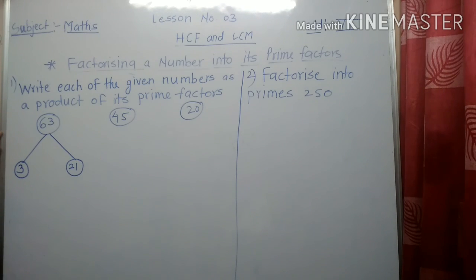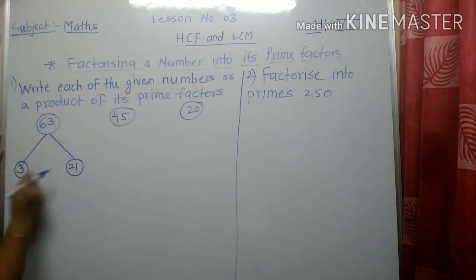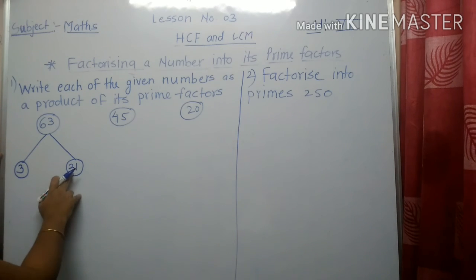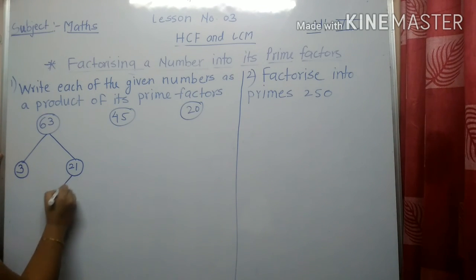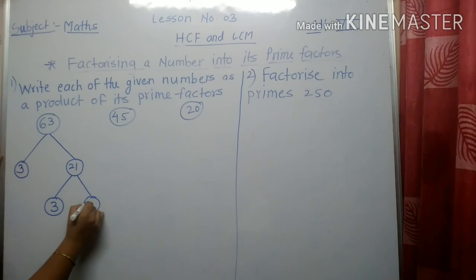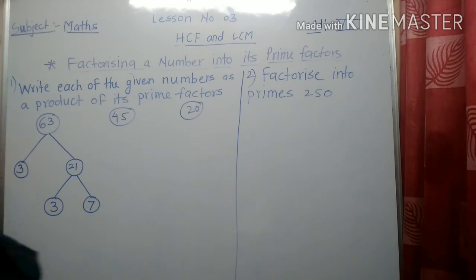Am I correct? Now 3 is a prime number. Now I will factorize this 21: 3 7s are 21.